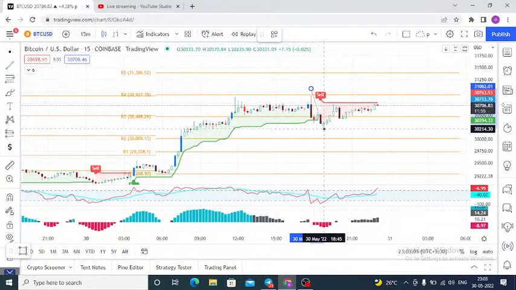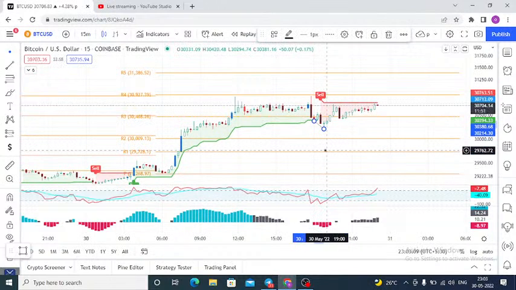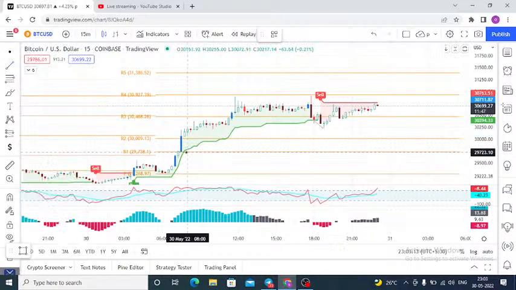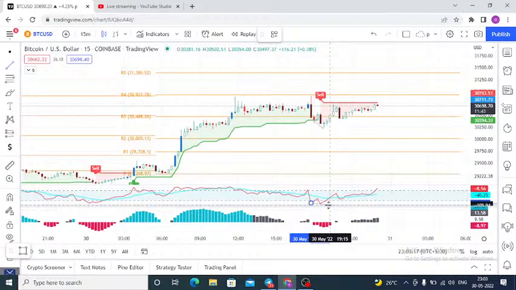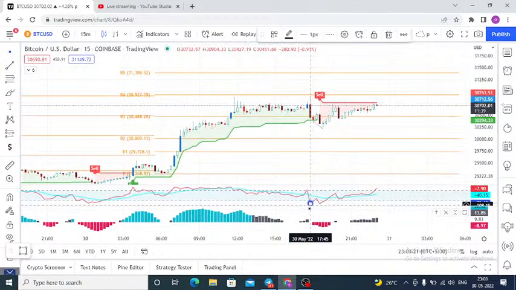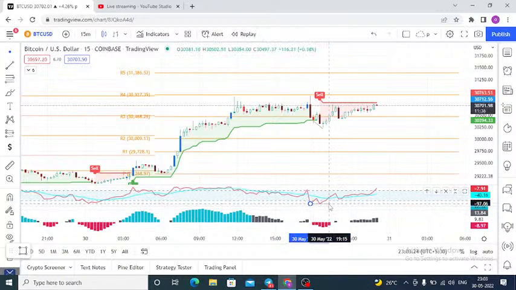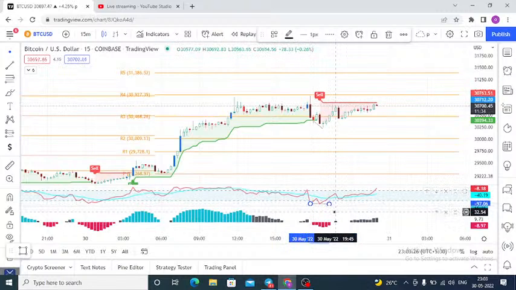As you can see over here that there is a positive divergence, and so after a long time it was a very good trade actually, you know. This was a very fantastic trade, guys.